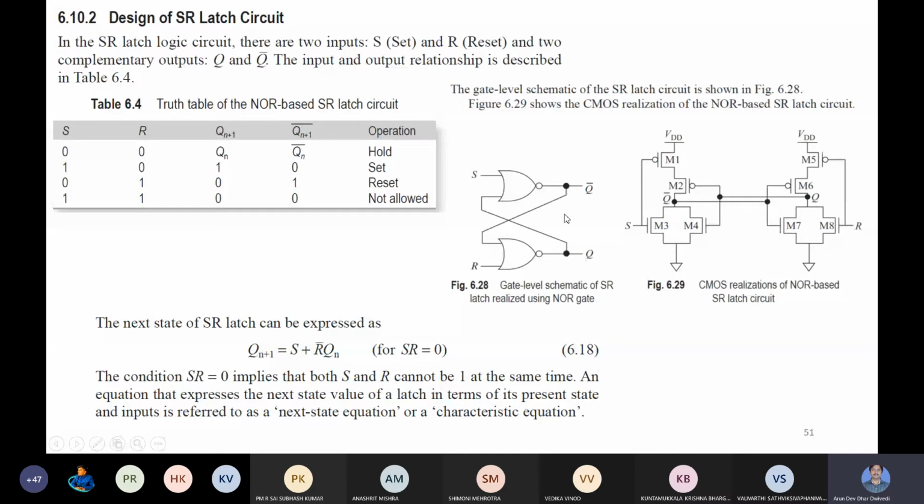The NOR gate we have already implemented previously, here somewhere. This NOR gate has two transistors in the pull down network, two NMOS transistors in parallel. In the pull up network, two PMOS transistors in series. The same thing will be used here also for the SR latch, but some feedback is given, so those feedbacks will be connected accordingly.